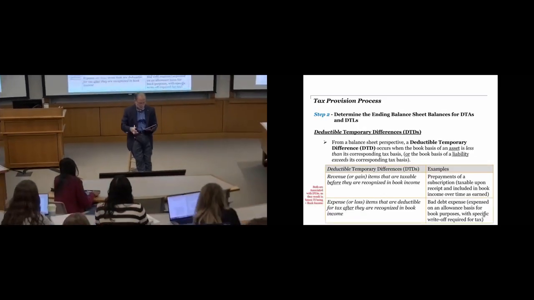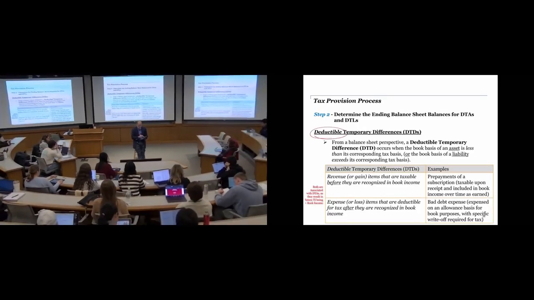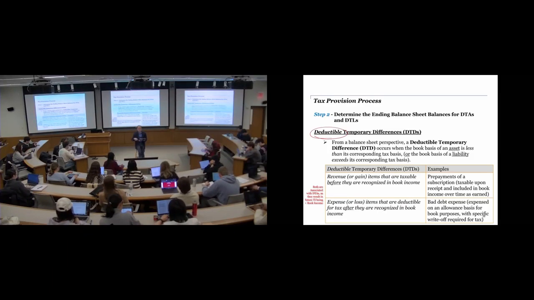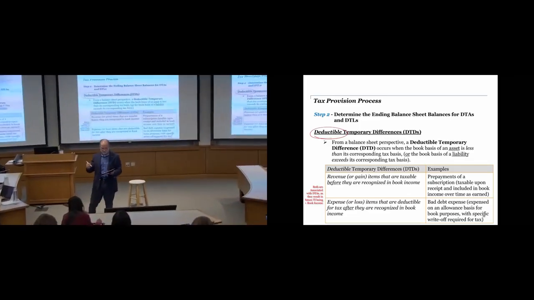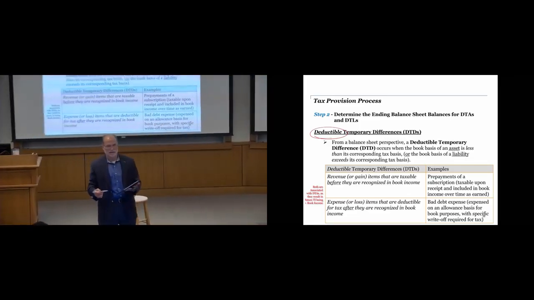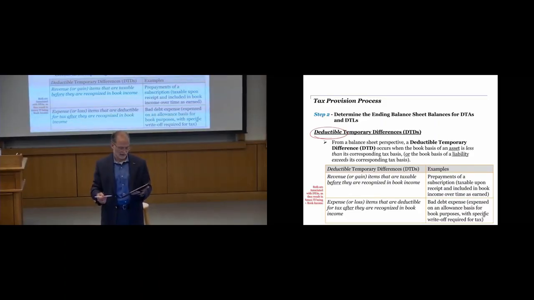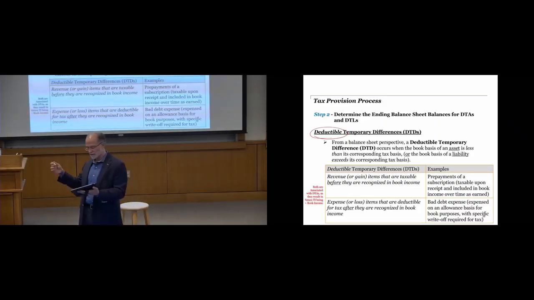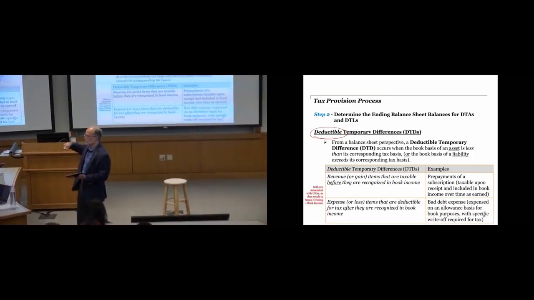Okay, now shifting gears to deductible temporary differences. So these are items in the future that are going to lower taxable income relative to book income. From a balance sheet perspective, again, a deductible temporary difference occurs when the book basis of an asset is less than its corresponding tax basis, or the book basis of a liability exceeds its corresponding tax basis.